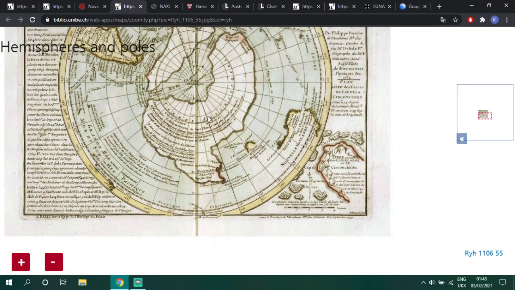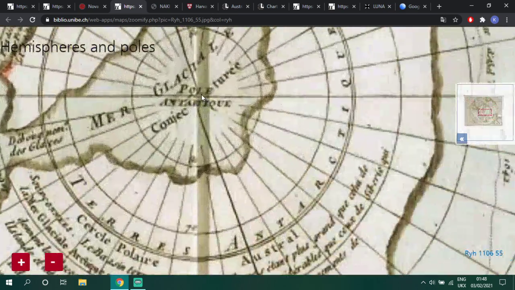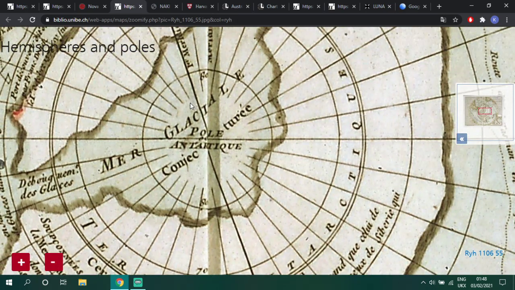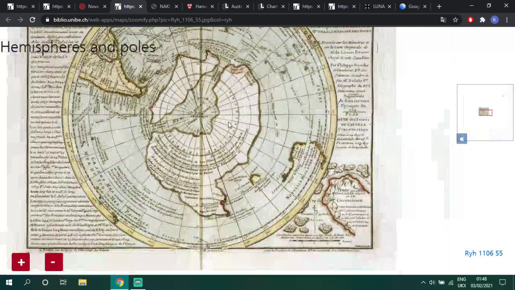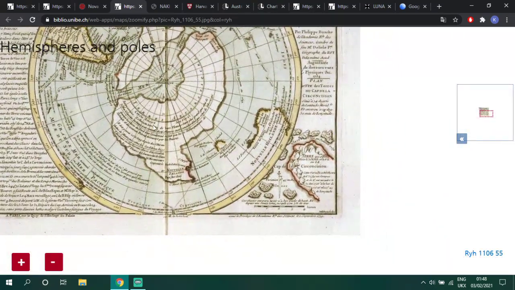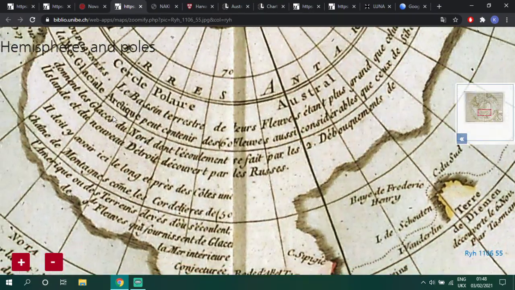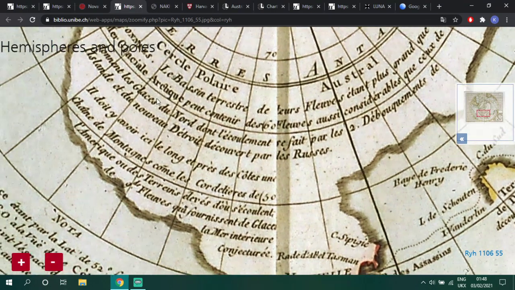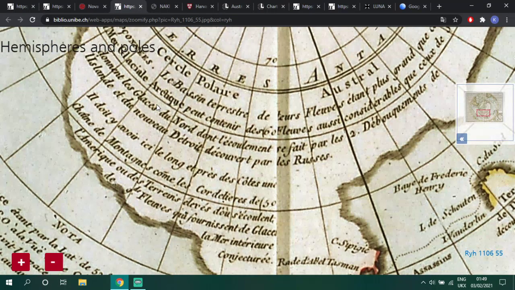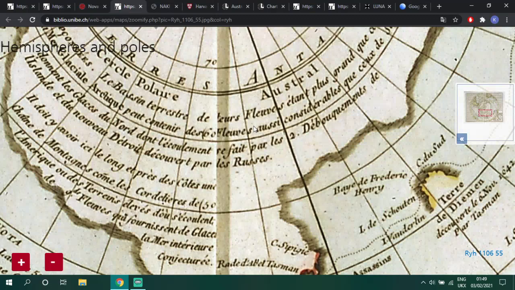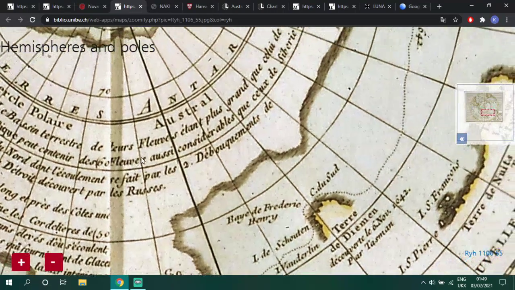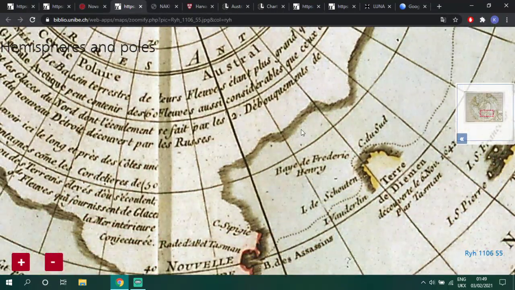Just the shapes alone, just the shape alone with this massive hole. And there's a lot to read too. And I've tried to read that, but I can't.